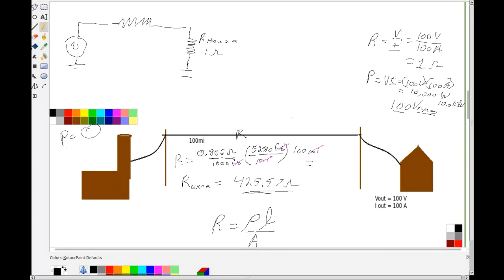And this is the resistance of the wire, which is 425.57 ohms. And we know right here we have 100 volts, and the current flowing through is 100 amps.